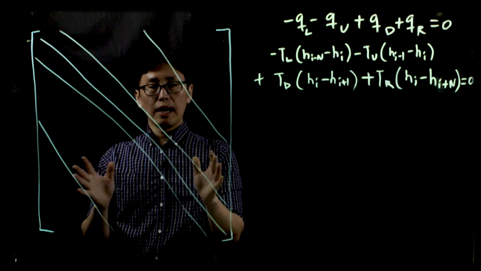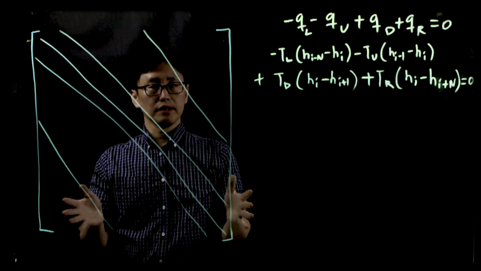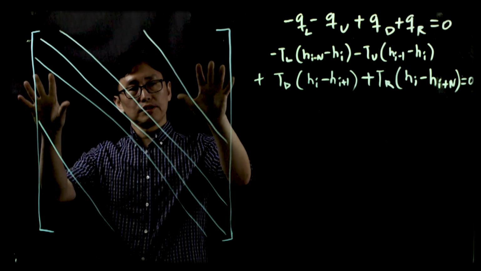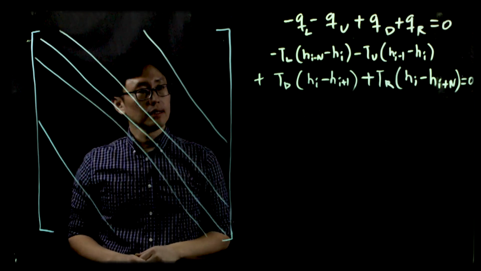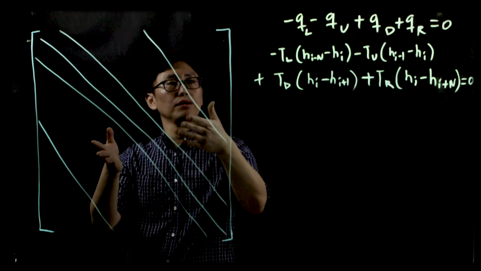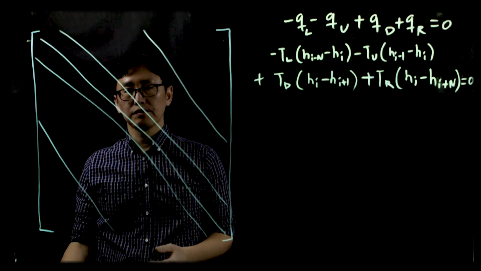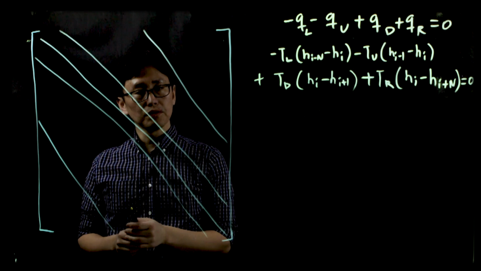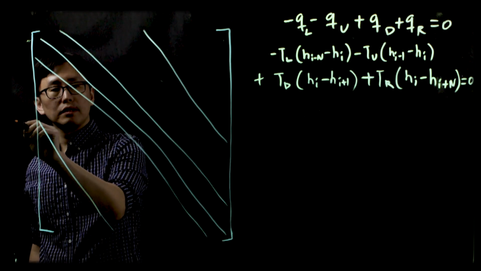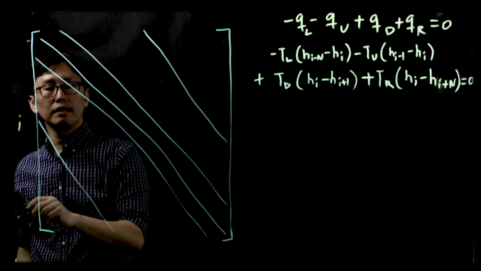So I draw here the matrix equation. I just draw the transmissibility matrix, and I will show how we can implement this equation into this matrix form. So first of all, let's start with the cell I here.